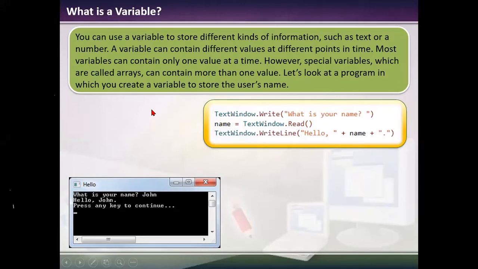Okay. So look at this piece of code. Here it says text window. It's an object. Okay. It has an operation called write. So now let's do this practical.